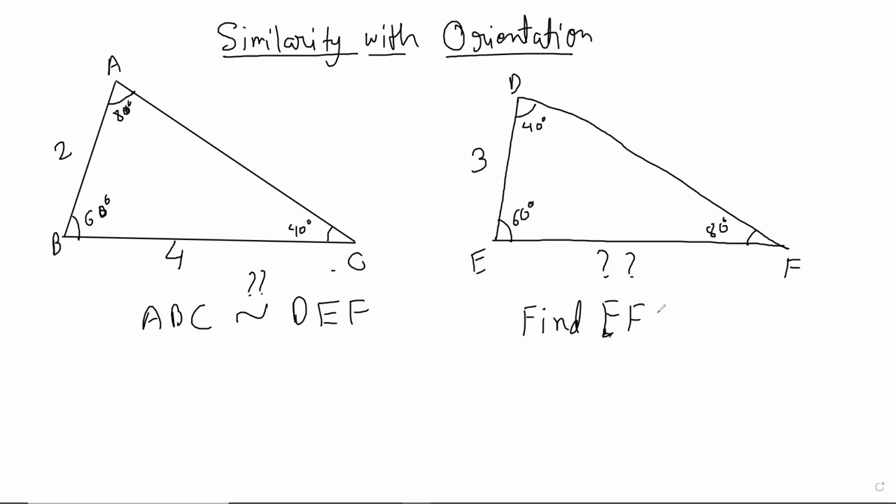Maybe you can think about the more concrete question. You can see that the two triangles have the same angles overall, but they are not in the traditional order, with different orientations. So how can we go about trying to find EF?